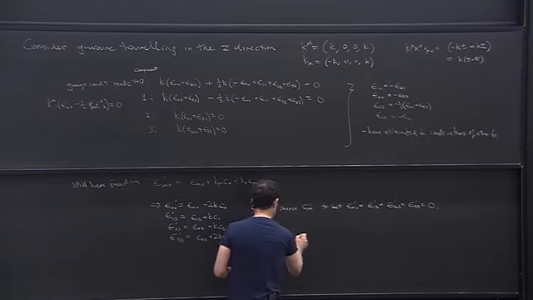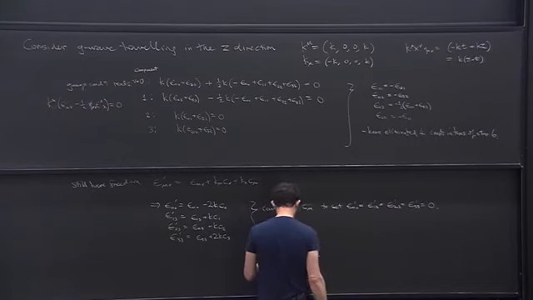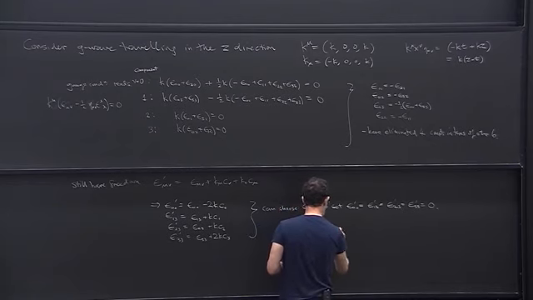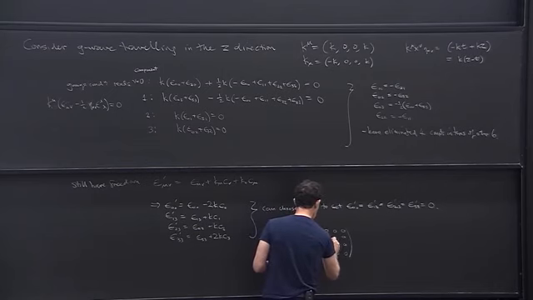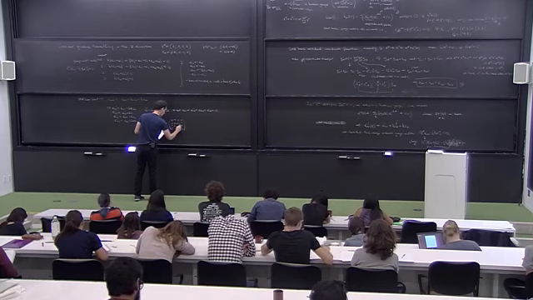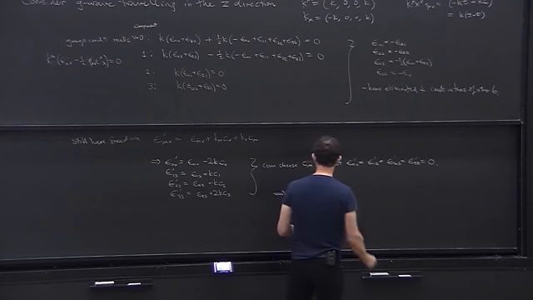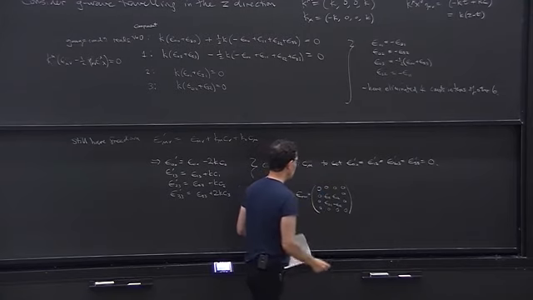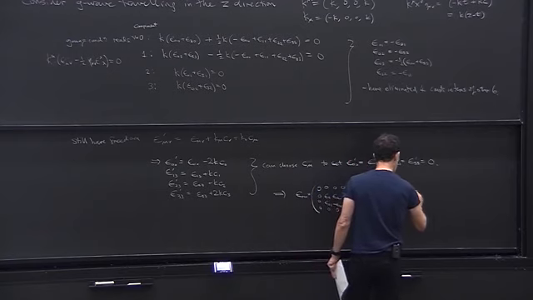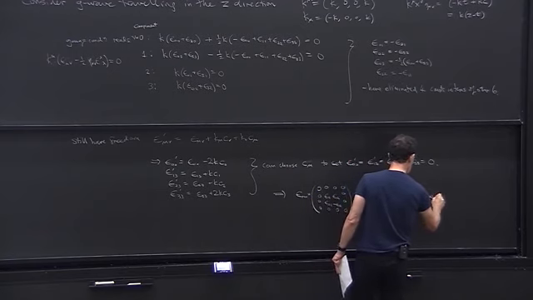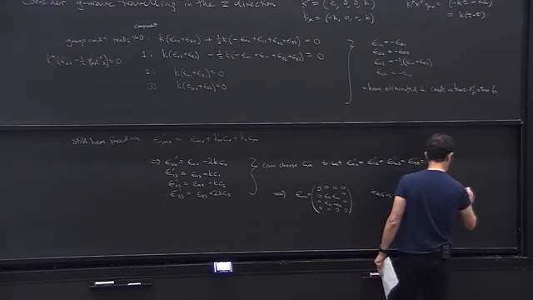And then we have that epsilon mu nu, viewed as a 4 by 4 matrix, is 0 everywhere except in the transverse components. So this is now transverse and traceless.